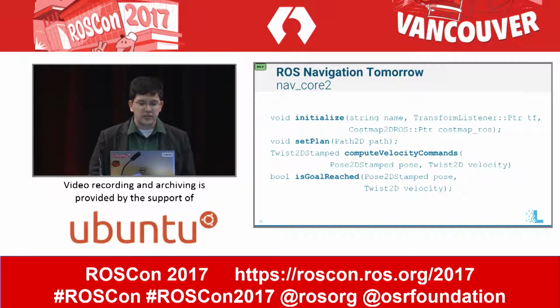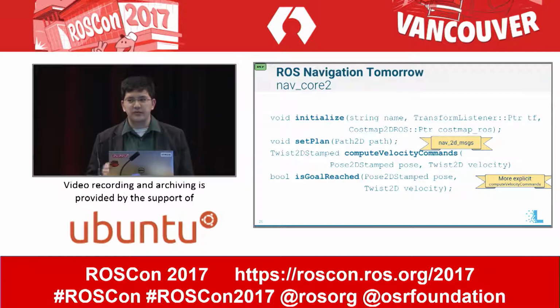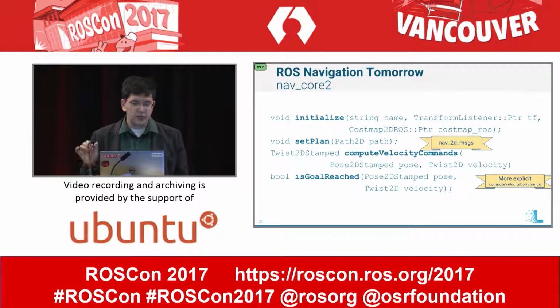A number of key differences. First, it uses a new package called Nav2D messages, and those use just the 2.5 dimensions that I talked about. And those are used up and down the code to make debugging as easy as possible. Second, we have a more explicit version here of the compute velocity commands function, which takes the pose and velocity in as parameters.